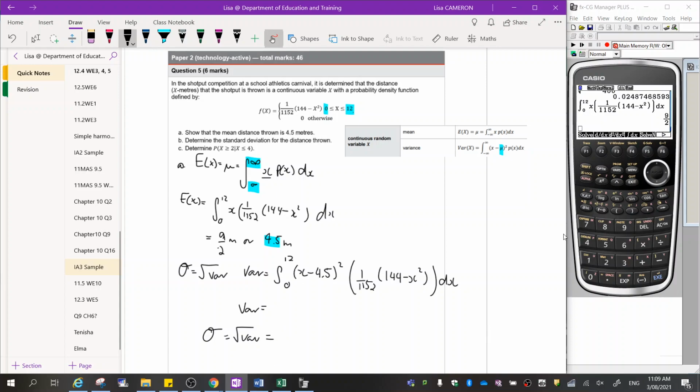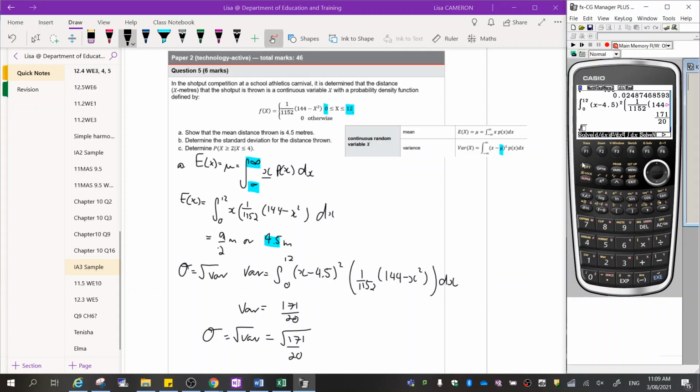Then we're going to square root the variance to get the standard deviation. So let's chuck that straight back in the calculator. Now I'm going to go back up and just adjust the formula slightly just to try and save myself a little bit of time. So it's going to become X minus 4.5 to the power of 2. The rest of it's going to stay the same. Execute, and I end up with 171 over 20. Now I want to take the square root of that to get the standard deviation.